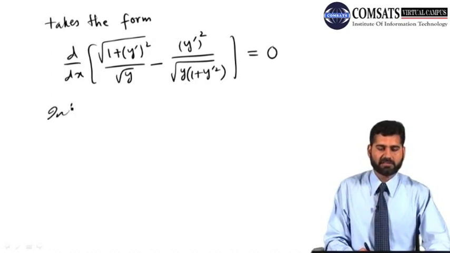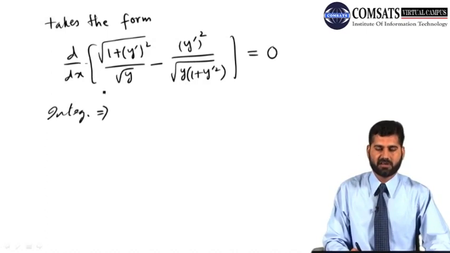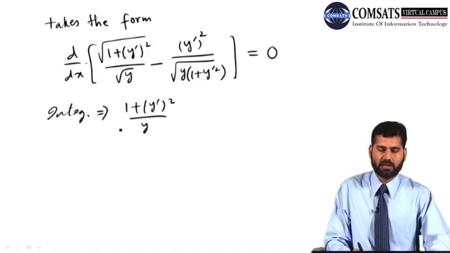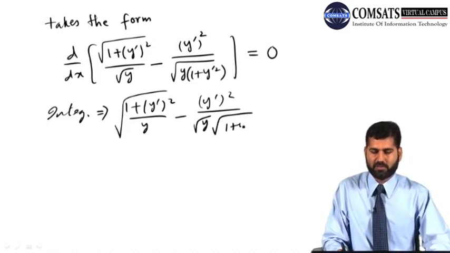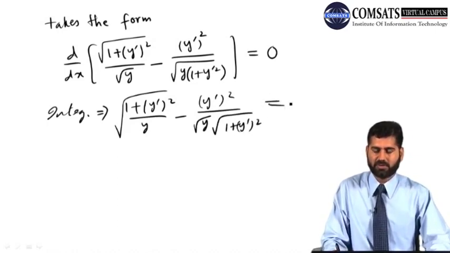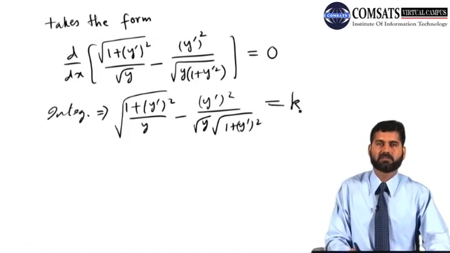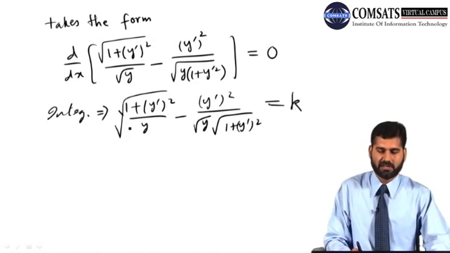So if I integrate, so integration yields, this d by dx is gone, so I'm left with just 1 plus y prime square by y minus y prime square by y 1 plus y prime square is equal to constant, because we have integrated.